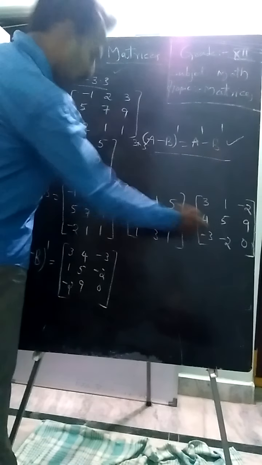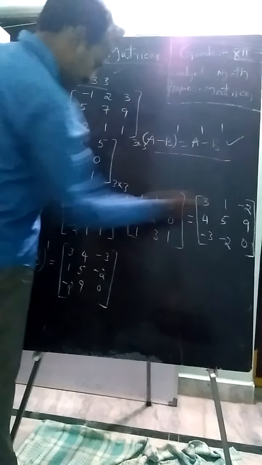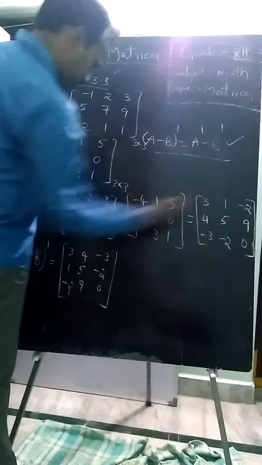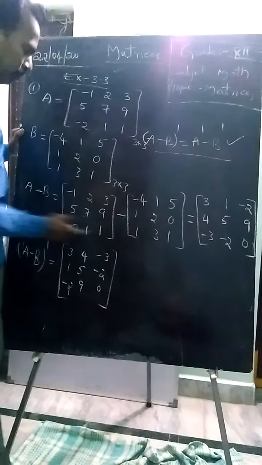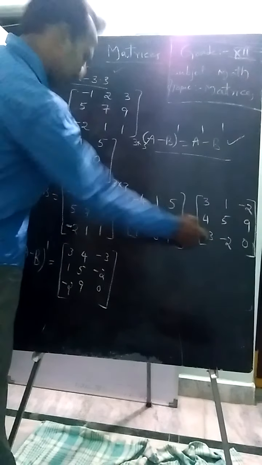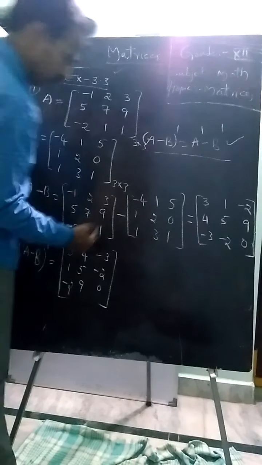Similarly, 5 minus 1, 4, 7 minus 2, 5, 9 minus 0, 9, 2 minus 1, 1, minus 2, minus 1, minus 3, 1 minus 3, minus 2, 1.